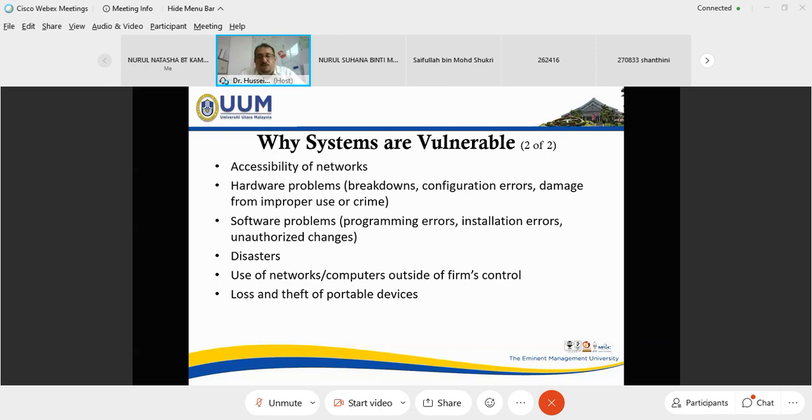Use of networked computers outside of a firm. If you use a device, for example, in public places, you have to make sure to change the setting of your wireless to indicate that this is a public place. Previously they didn't have these procedures, but now I think they have it.